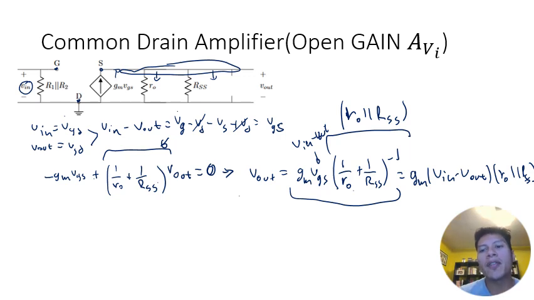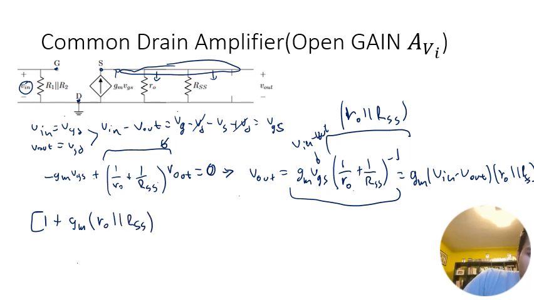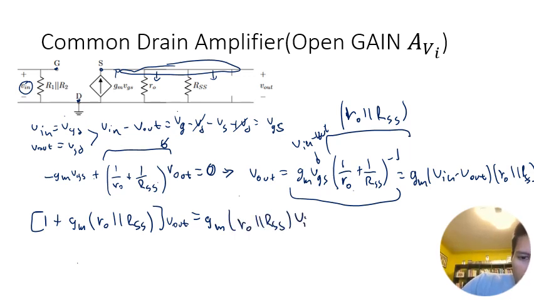So now I'm going to move all the Vout terms to one side. So I'm going to get 1 plus GM times RO in parallel to RSS times Vout equals GM times RO in parallel to RSS times Vin.